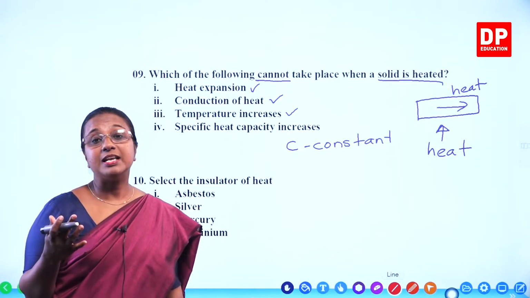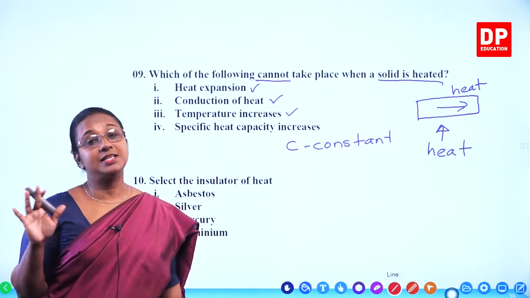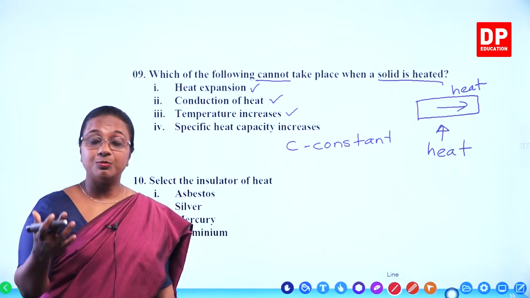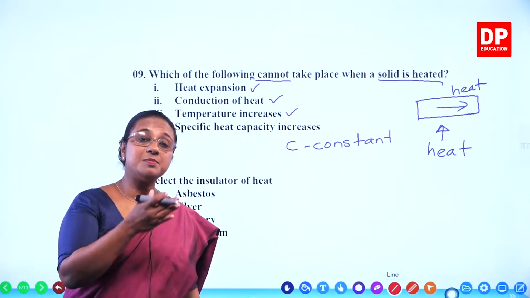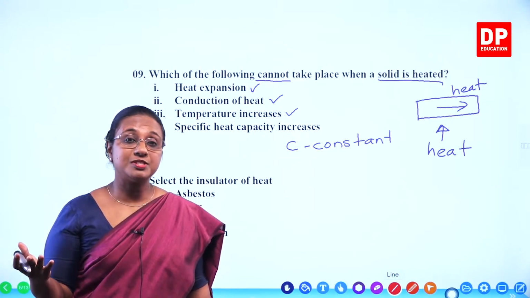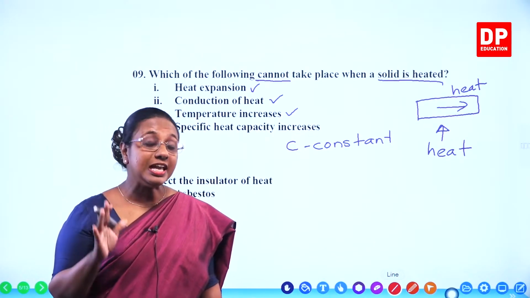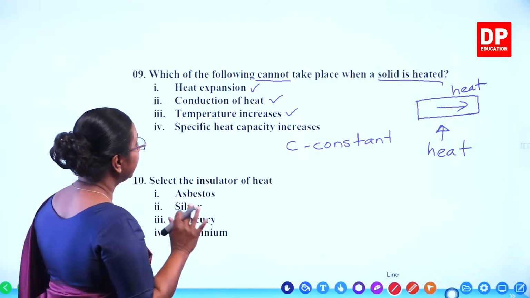Even if you provide heat, it will not change. But you can remember, heat capacity can change. Why? Because specific heat capacity into mass is heat capacity. So, if you have 2 kg of substance, heat capacity is a certain value. If you have 4 kg of substance, the heat capacity will be double. So, therefore, heat capacity can change, but not the specific heat capacity.